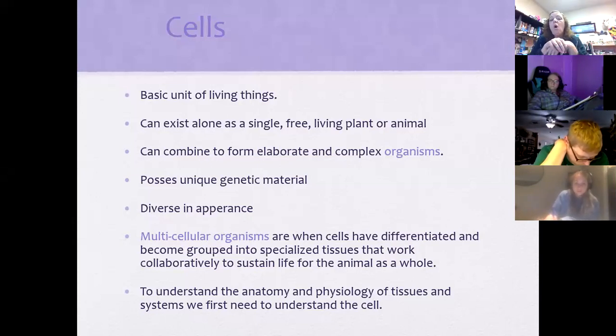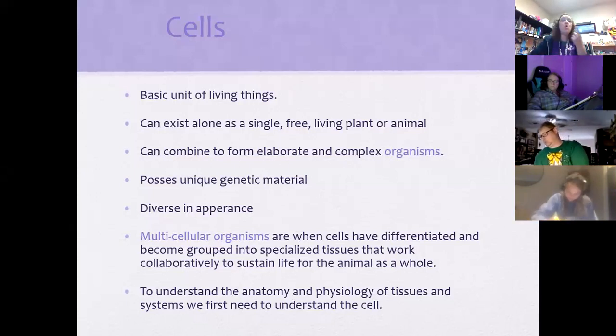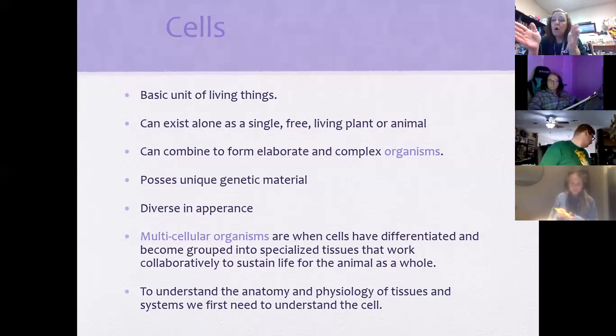Now, the thing with all of our cells is they possess a unique genetic code. And that genetic code tells them who they are, what they do, how they work. It's the genetic code that tells my kidney cell, you are a kidney cell and you are going to function like a kidney cell, and this is how you do it.